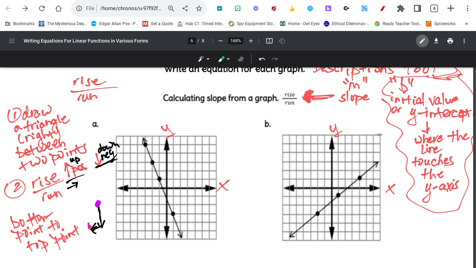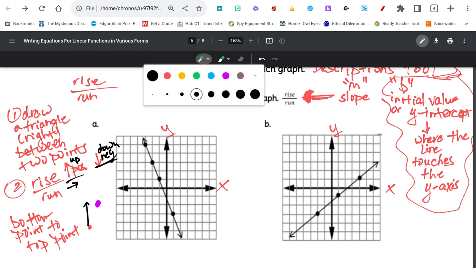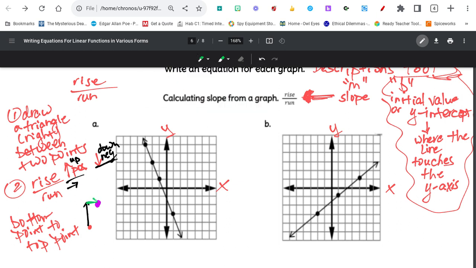I'm going to go back and erase this. I'm going to still have these 2 points. If I rise up, that's positive. But I now want to take a look at the run. If I run to the right, then my run is positive. Now what happens if you run to the left?